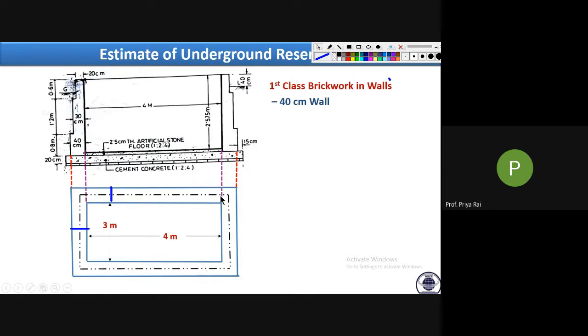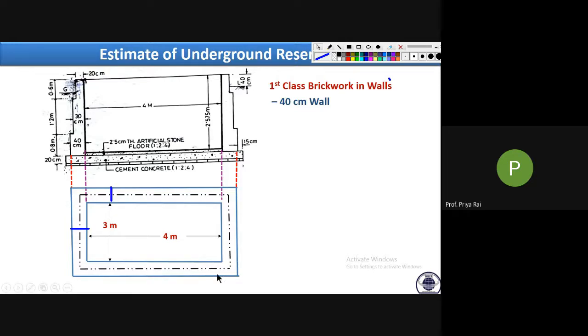Now please calculate the center line length. For calculating the total center line length, we must know the long wall center line length, then the short wall center line length. Then simply use the perimeter formula, 2 into length plus breadth, which will give you the center line length. If we multiply this with the wall thickness, we will get this area.